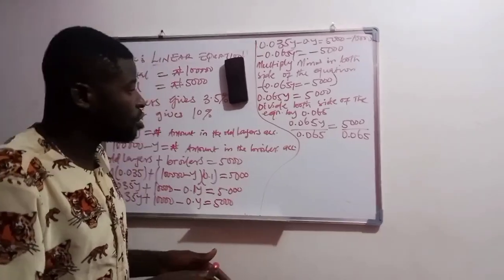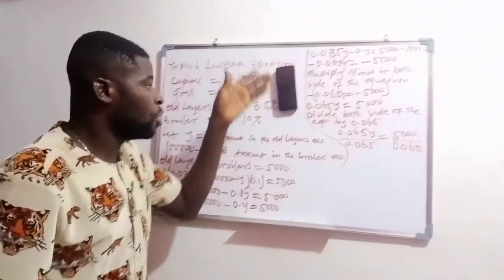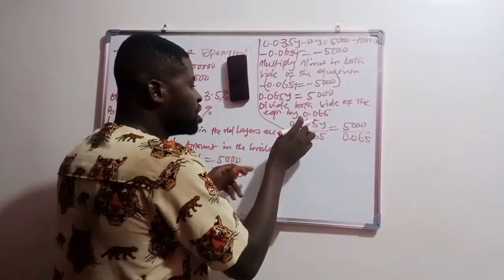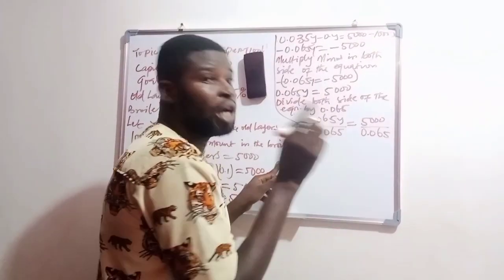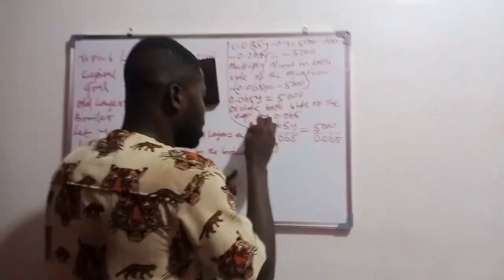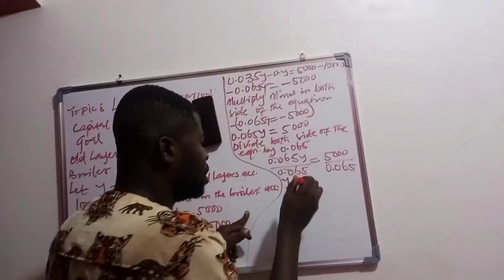Our interest in doing this is to make y the subject of the formula. Now, when this divides this, it will give us 1, which is equal to y. This will cancel, this will cancel.